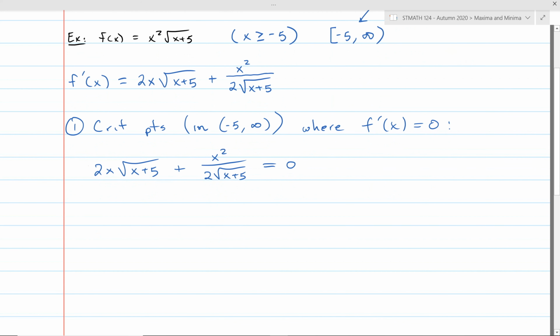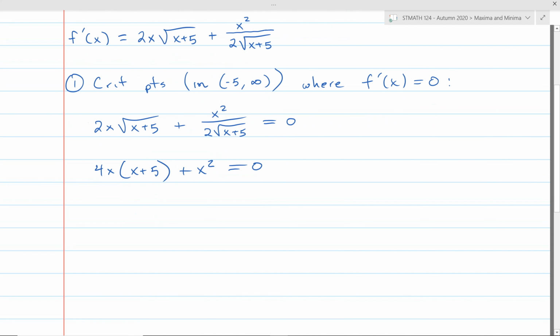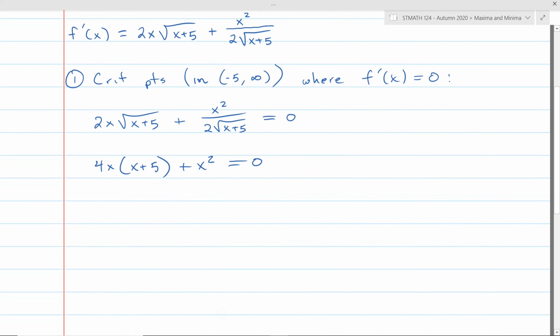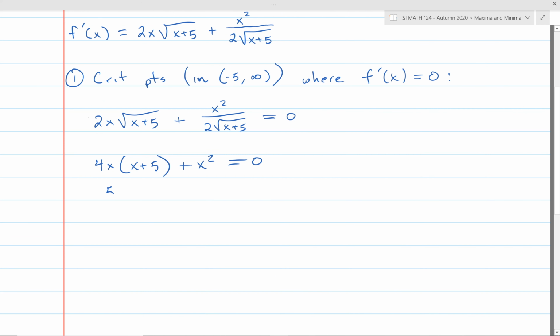In a situation like this, I think I'll multiply everything by the denominator of that fraction just to clear fractions. So if I multiply everything by 2 times the square root of x plus 5, I'd get 4x times x plus 5 plus x squared equals 0. And from there, I see I've got 4x squared plus x squared, that'd be 5x squared, plus 4x times 5, that'd be 20x, equals 0.